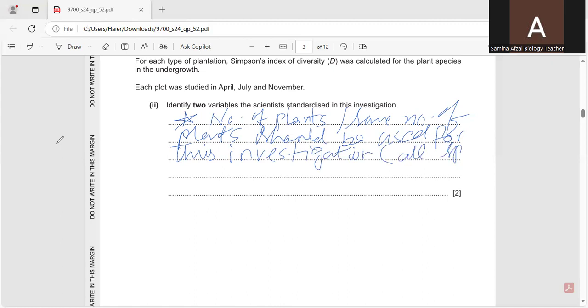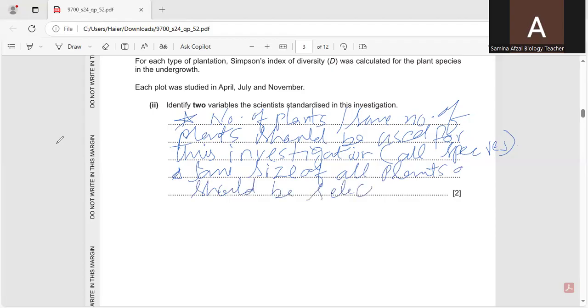So the same number should be used, and the same size of all plants should be selected. Same size, and the same number of plants should be used for this investigation. So in this way, we can make a standard for this investigation.